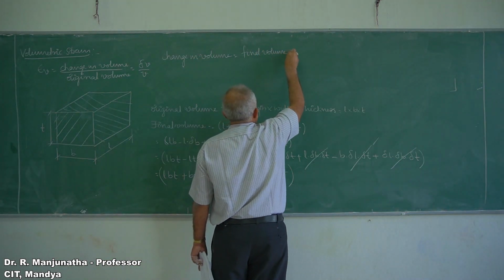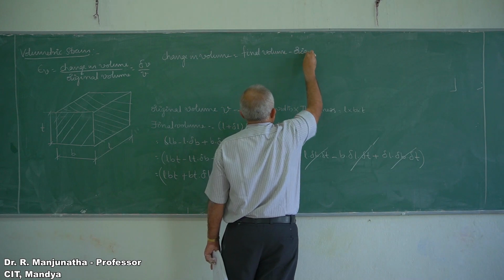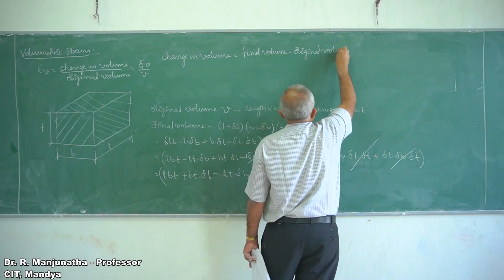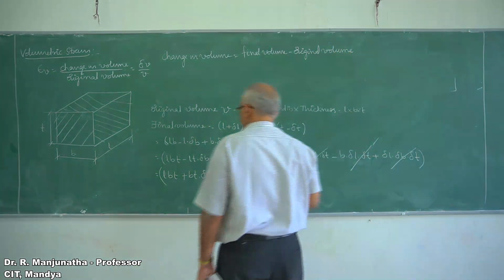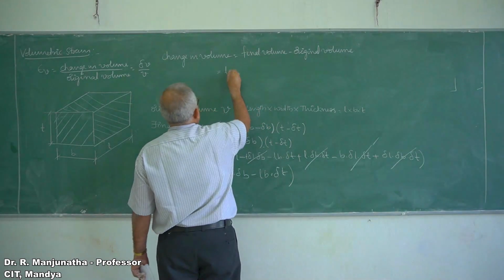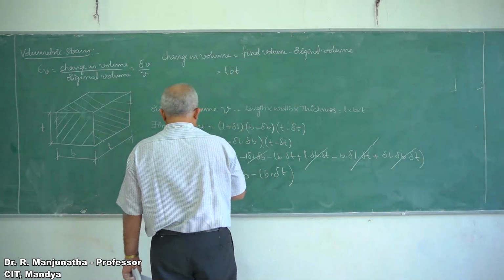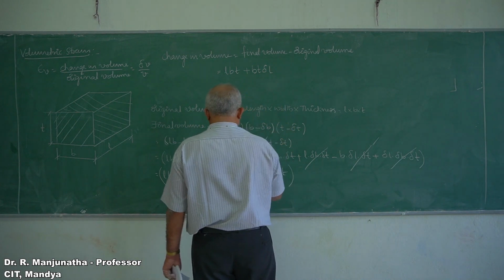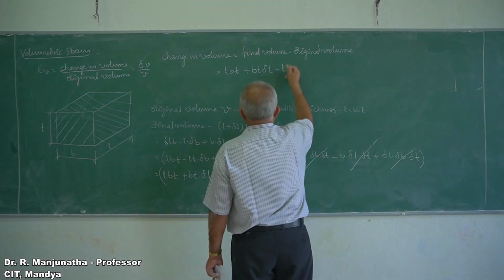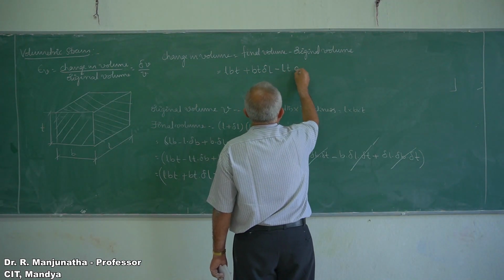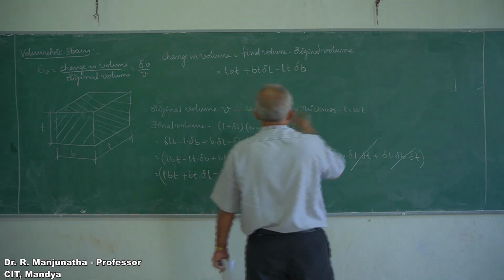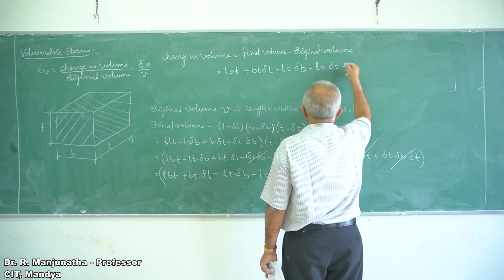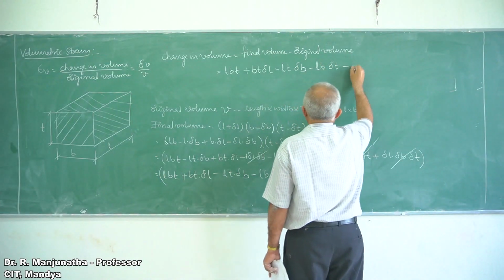The final volume is L into B into T, plus B into T into delta L, minus L into T into delta B, minus L into B into delta T, minus the original volume LBT.